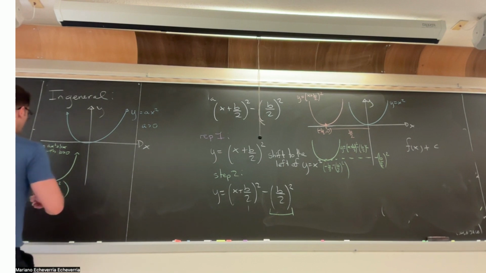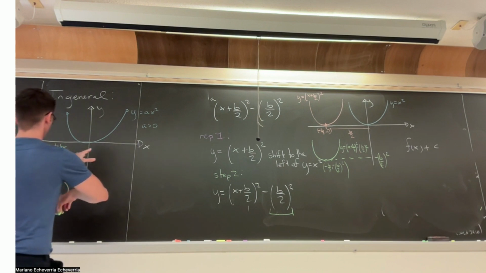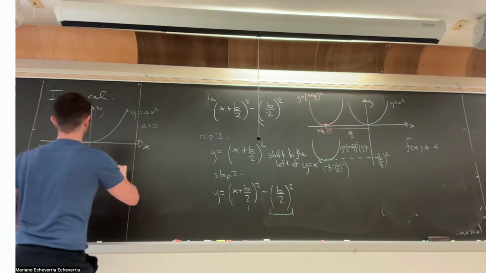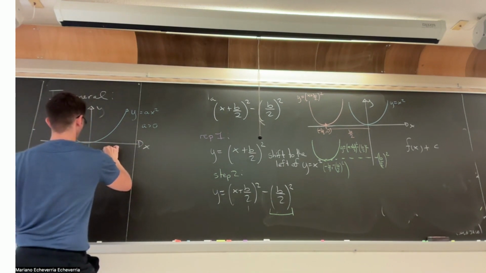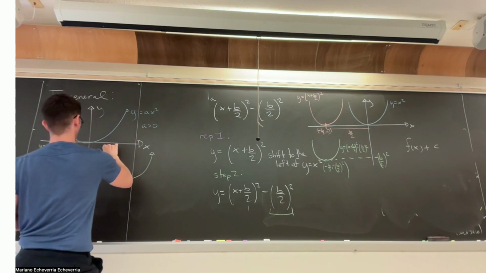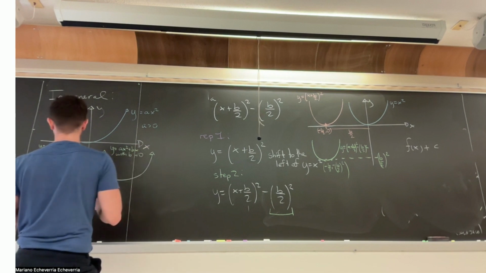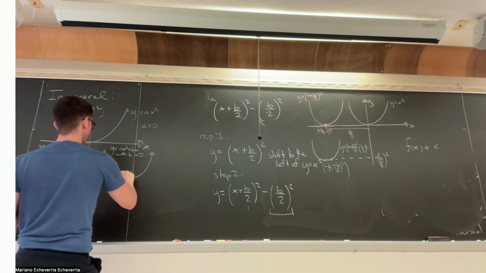Okay, and if the b had happened to be negative, then the shift is to the right. And the minimum still has the same coordinates.